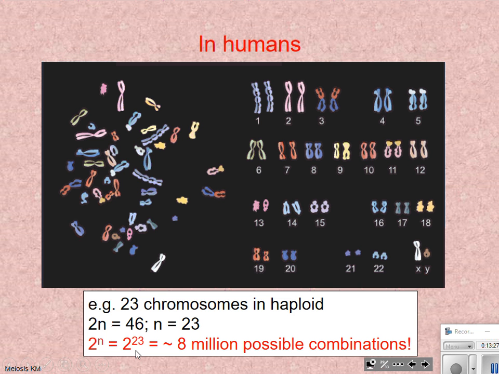Okay, right? So, think about the variation. When my mom or my dad were undergoing meiosis, the egg cell and the sperm cell have 8 million different possibilities. Can you see why my brother and I don't look alike? Why we're not identical? Why there's variation?